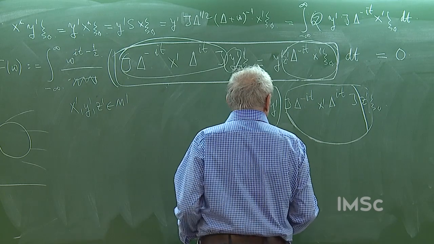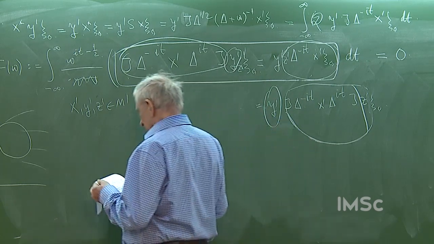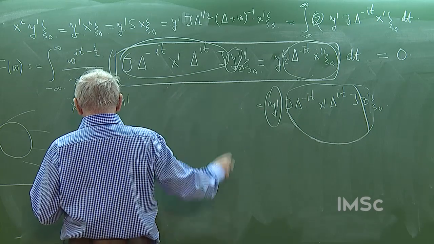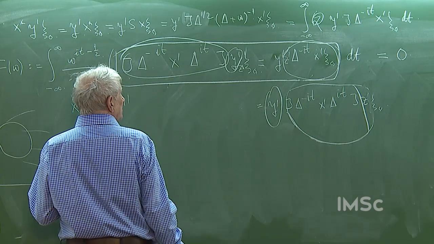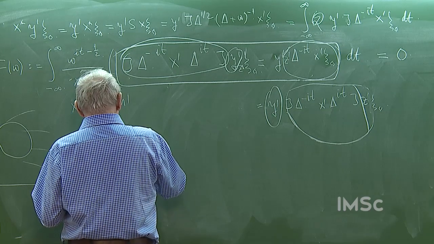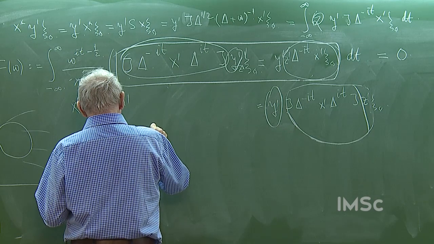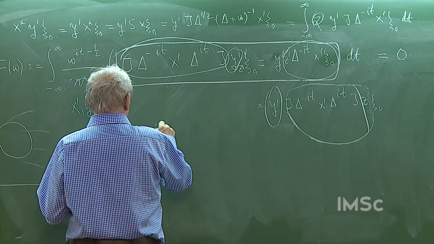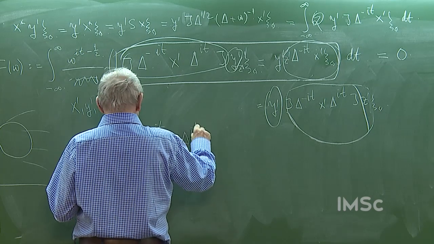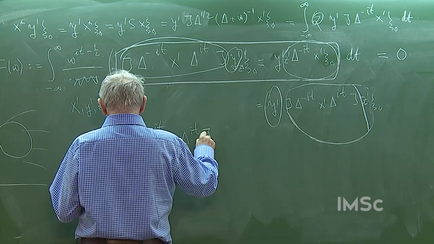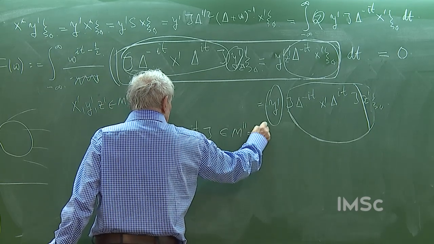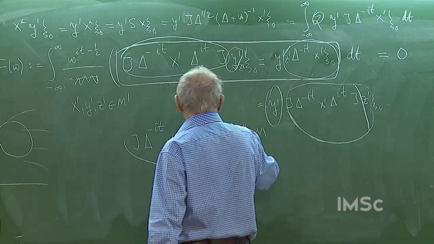So we get the commutation of these two things, and because y prime was arbitrary, what we get is that J delta power minus it x prime delta power it J belongs to M second. That means this belongs to M.